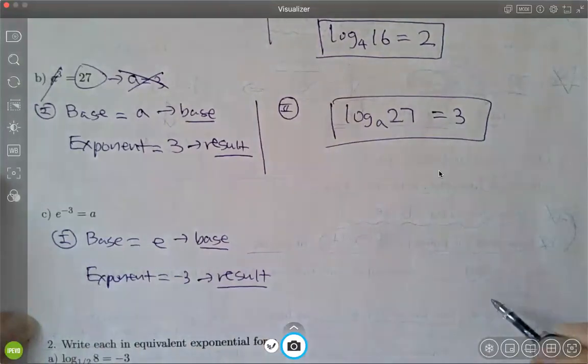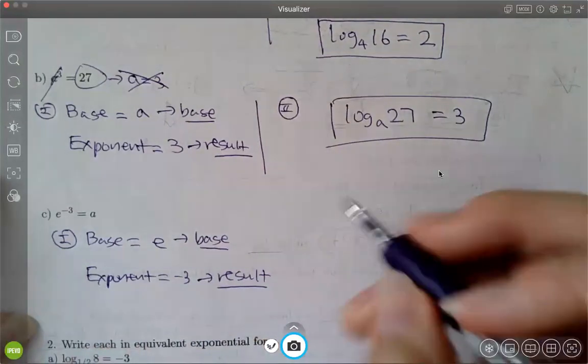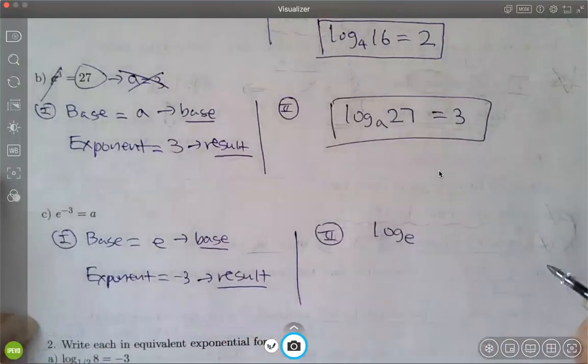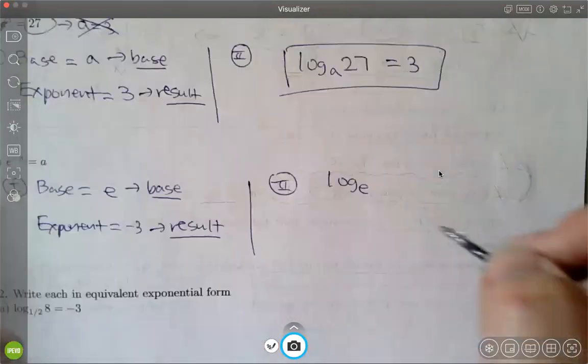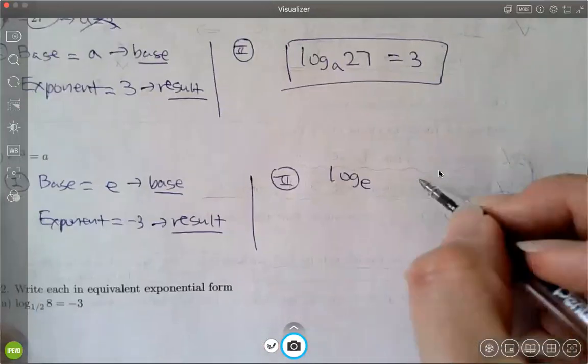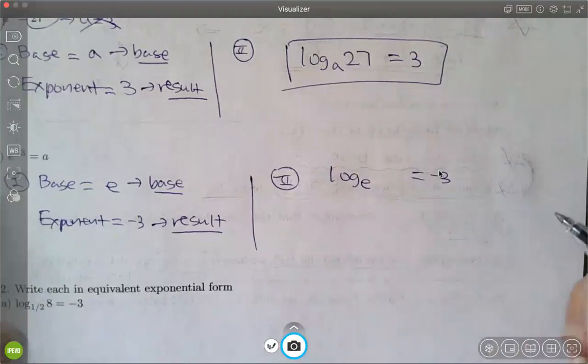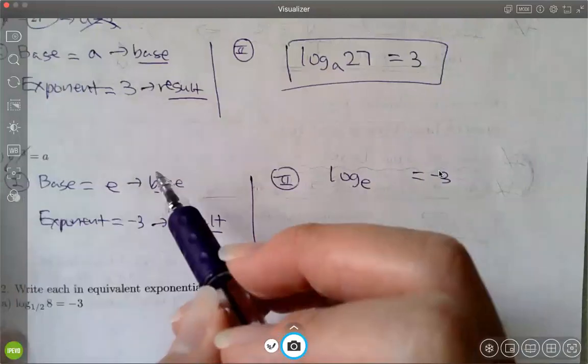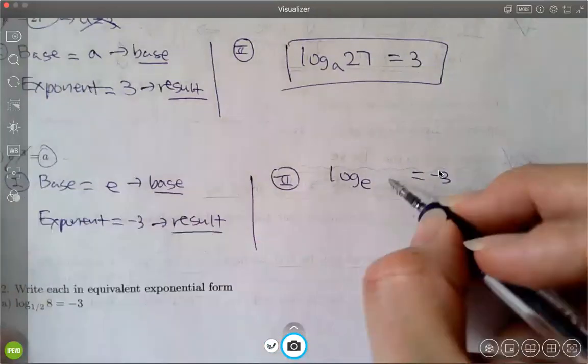So what do we have? We have log sub e, and then negative 3 will be the result, so it needs to be written on the other side of the equal sign. We took care of e, we took care of negative 3, and what's the remaining thing? a, right? So a goes in here.